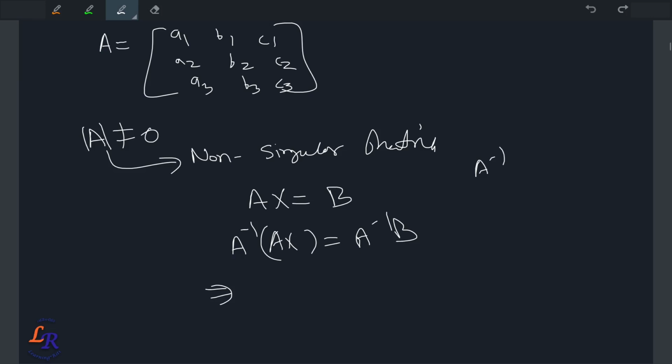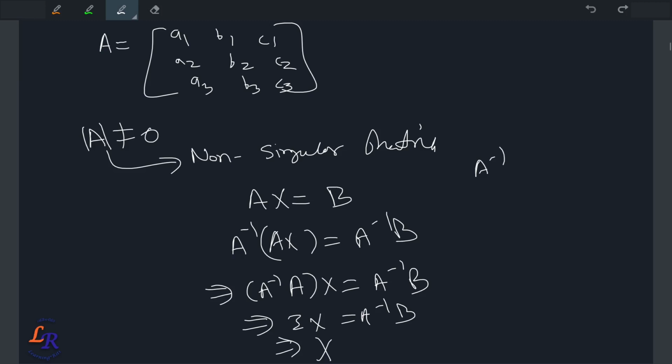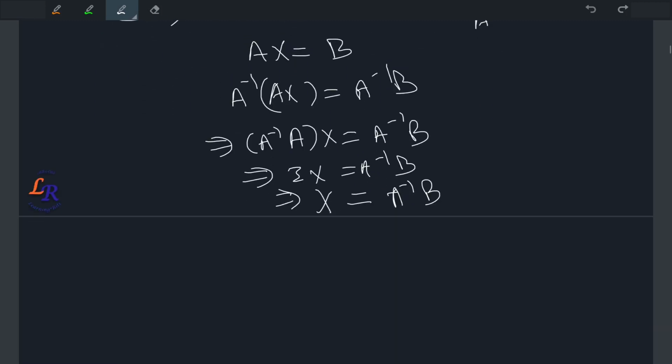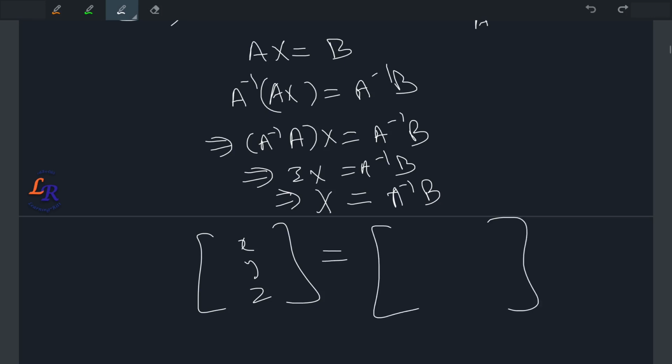Now you can follow the associative law. So this implies IX is equal to A inverse B, which implies that you can now find the X value, which will be A inverse B. So you know the x, y, z values from the inverse matrix and the given B; you compare each element and you will have the result.